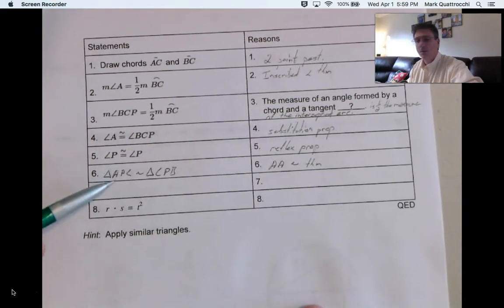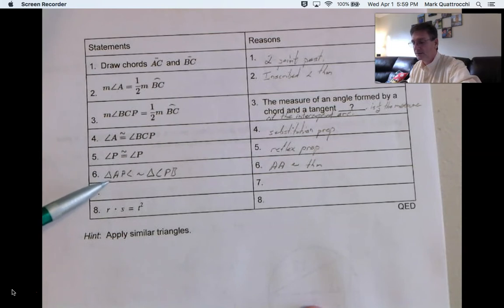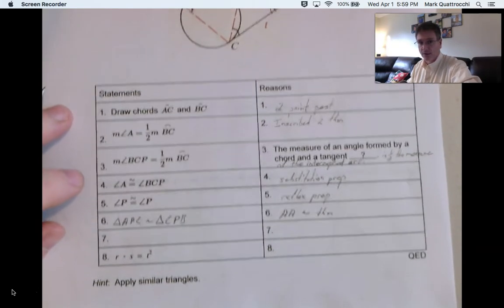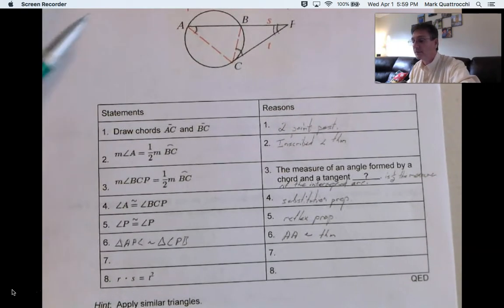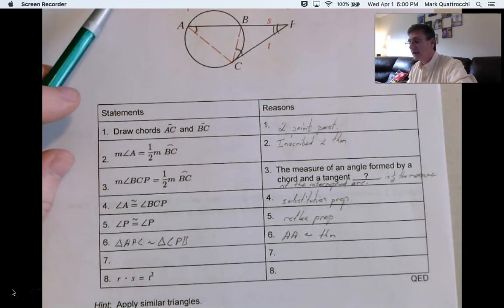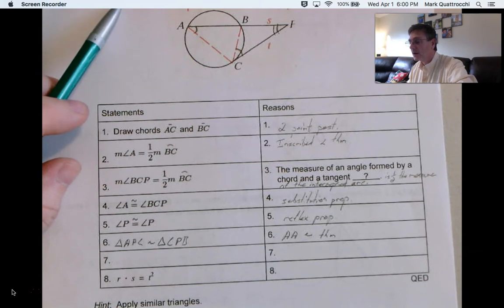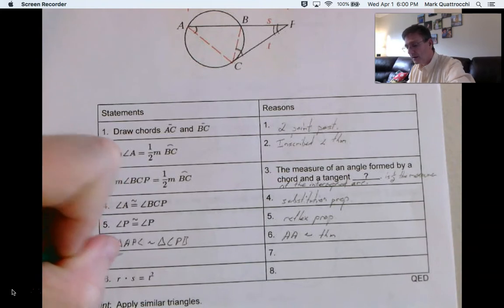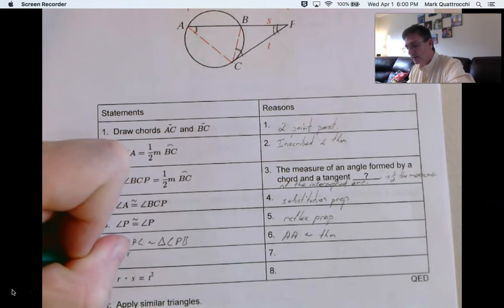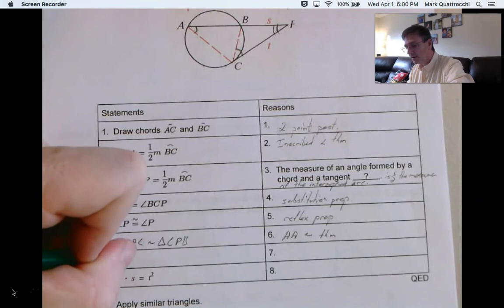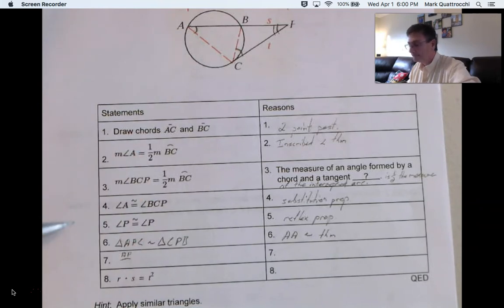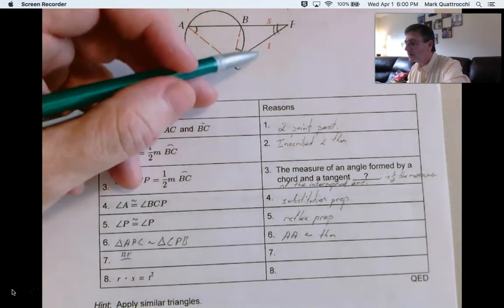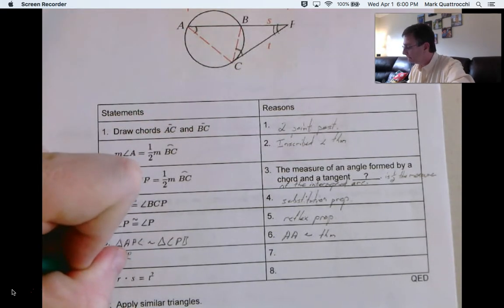Now, because we have these triangles similar, we have ratios that are going to be proportional. We want to get the correct ones. So let's get R, which is the whole side, AP.